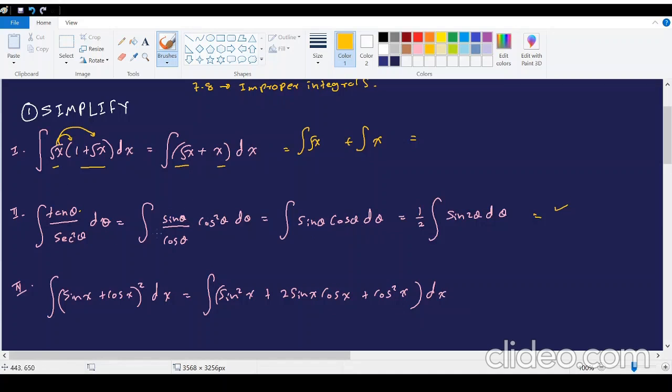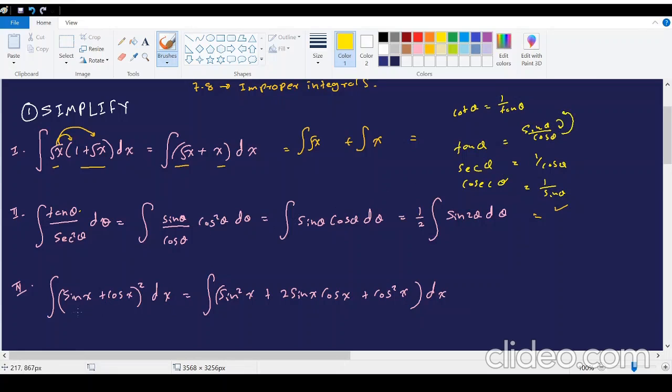For that we will need the corresponding relationships for tan, secant and cosecant. Tan is sine theta over cos theta, secant is 1 over cos theta, cosecant is 1 over sine theta, and cot theta is 1 over tan theta, that means the reciprocal of tan.